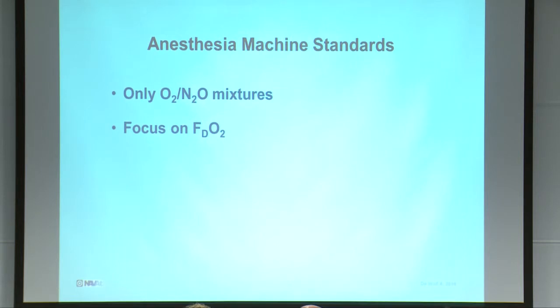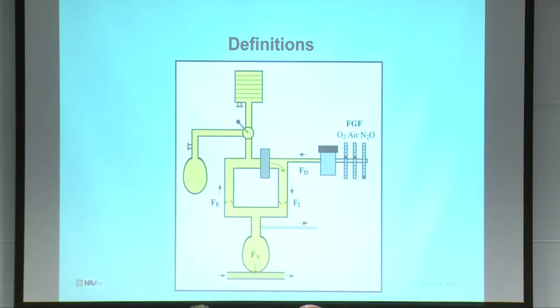So it's remarkable that these anesthesia machine standards only talk about oxygen and nitrous oxide mixtures, and they focus on the delivered concentration of oxygen, not the inspired concentration. So if we look at the definitions again, we can see here that the FD is the delivered concentration, while the FI is the inspired concentration.